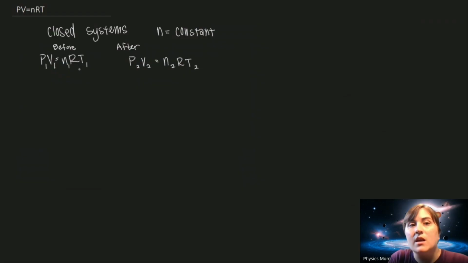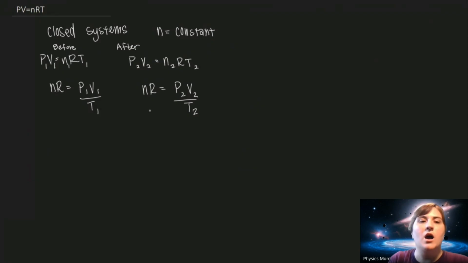But if n and R are always constant, I'm going to solve the equation for nR. So nR is going to equal P1 V1 over T1. And in the after case, nR equals P2 V2 over T2. I can set these two systems equal to each other.